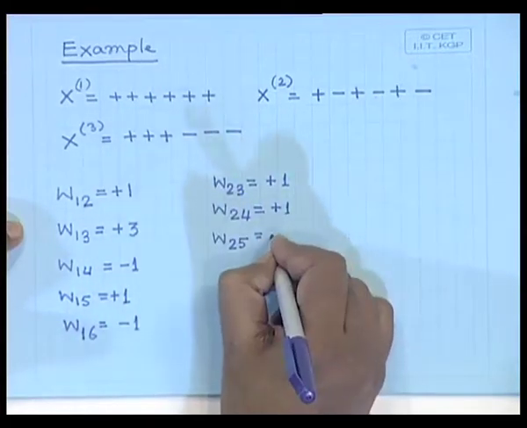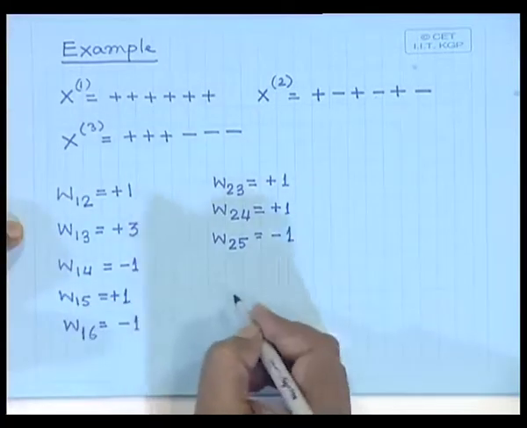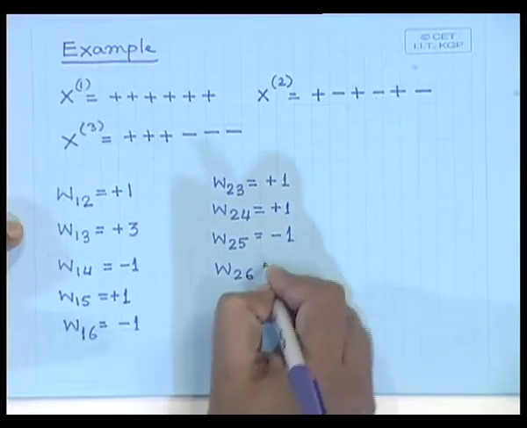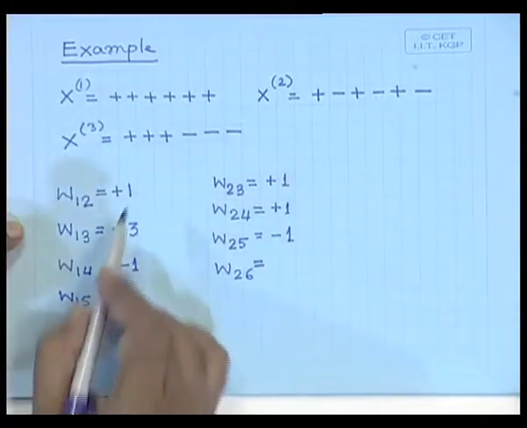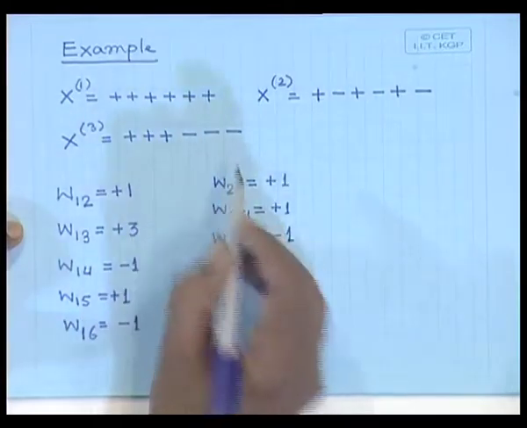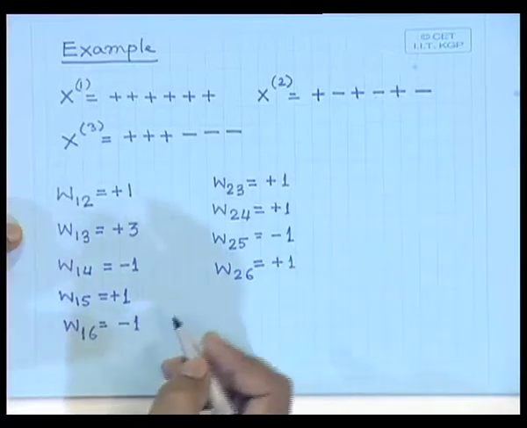So, I get overall minus 1. Similarly, W26, here it is plus 1, here it is plus 1, here it is minus 1. So, W26 is plus 1, right.